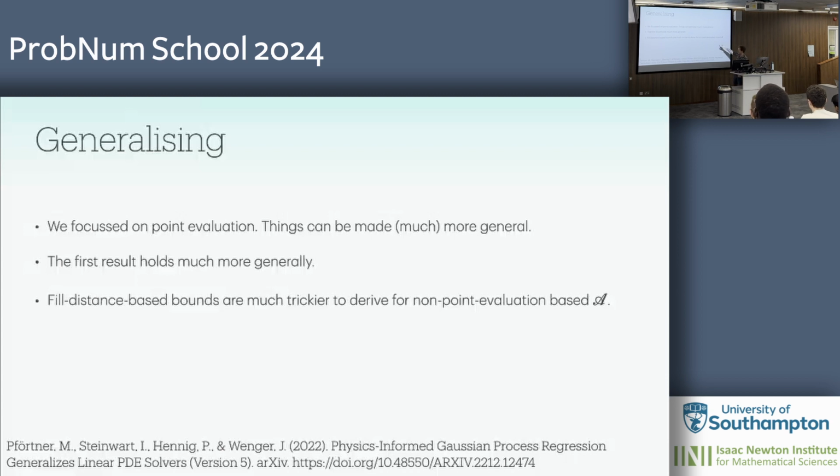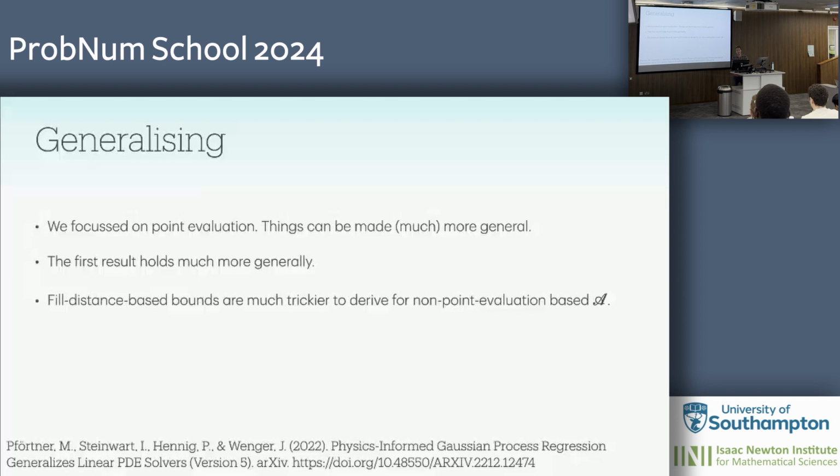As far as I know, these fill distance type links are a bit more complicated to establish for information operators other than those based on collocation points. I'm not aware of any literature that establishes results to do with some analog of how well you're filling the space if you're using something other than a collocation type evaluation functional. It would surprise me if you couldn't derive a result like that, but I'm just not aware that somebody has.